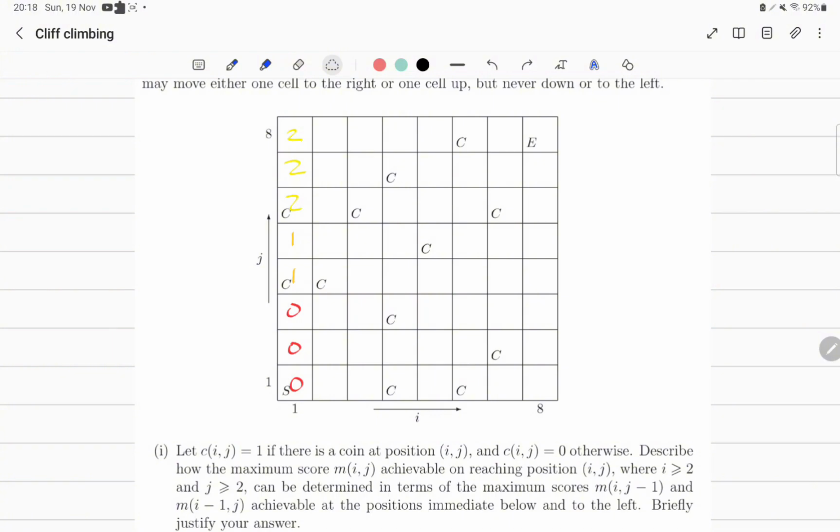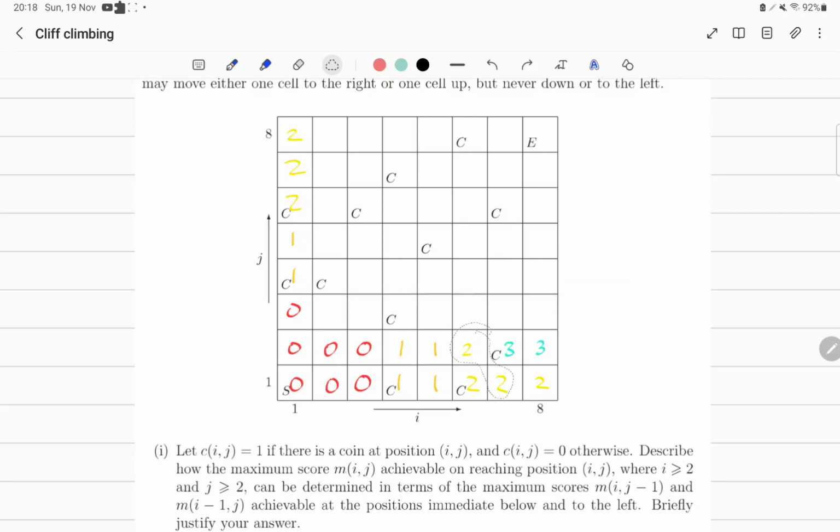This, of course, allows us to use our result from part 1 to fill in every other row. We can start by filling in this row. 0, 0, 1, because of 0 and 1. Then we can fill in 1, 2, and 3.